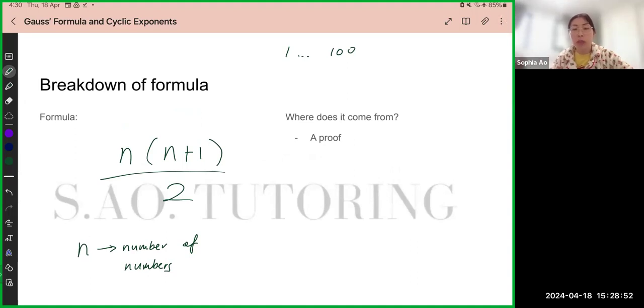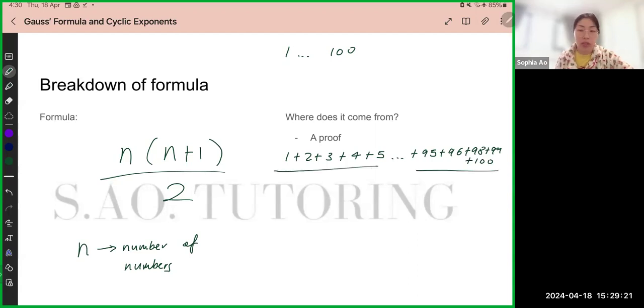And I'll show everyone a proof of where it comes from as well, just so you have some further understanding and an idea of how it all works. So let's list out a few of the numbers. Now, in the exam, I might not be writing out as many numbers as I am over here, but it's always good to just start with a bit of a sample just so we can at least see what's going on. So I've written 5 numbers on the smaller side starting from 1 and 5 numbers starting from the larger side over here as well, going back from 100.